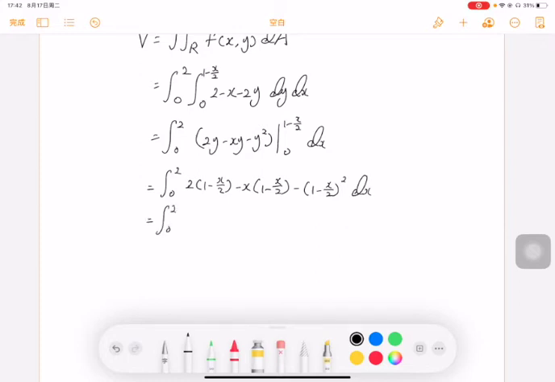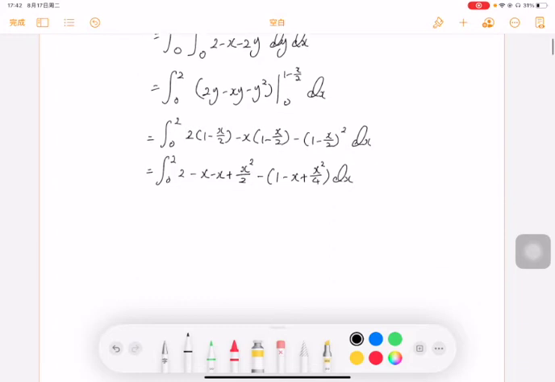Take apart the parentheses, you get 2 minus x, then minus x plus x squared over 2, and minus, this is 1 minus x plus x squared over 4. Grouping things with the same order, now the highest order term is x squared.